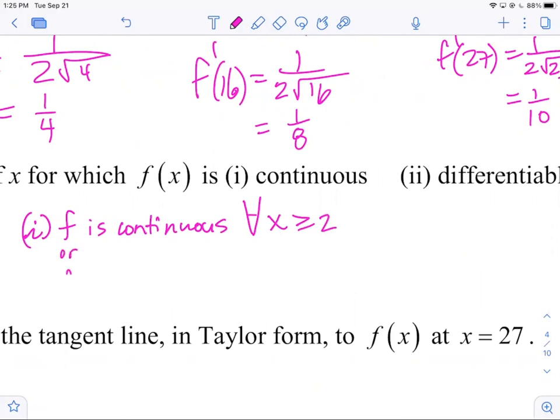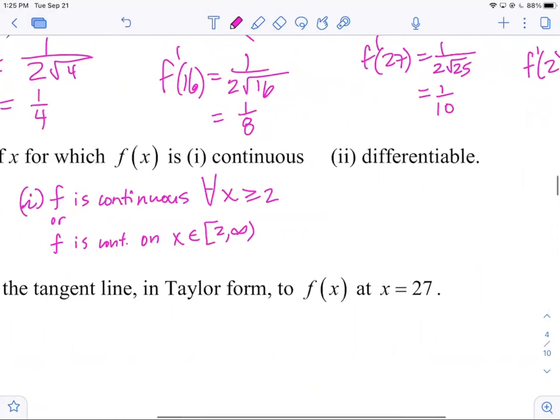Or you could say F is continuous on the interval x epsilon bracket 2 comma infinity. Either one. And instead of the upside down capital A, you can write the word for all. It's essentially one is an inequality and the other is an interval.